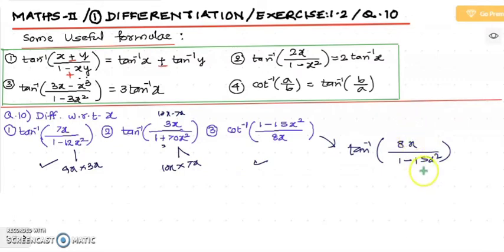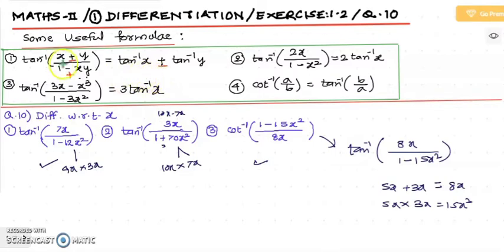Addition 8x is 5x plus 3x, and product 15x square is 5x into 3x, that's in the denominator, and 5x plus 3x in the numerator. So cot inverse is written in terms of tan inverse as 8x upon 1 minus 15x square.